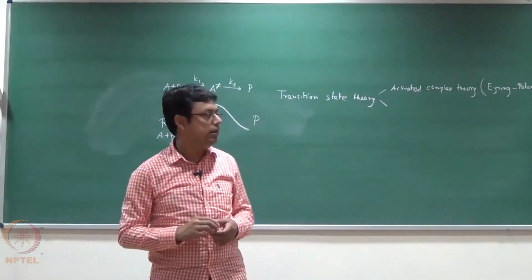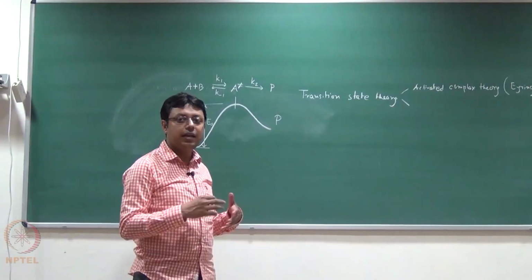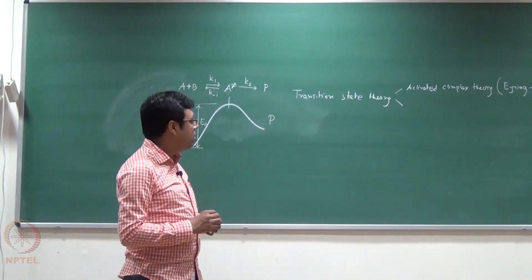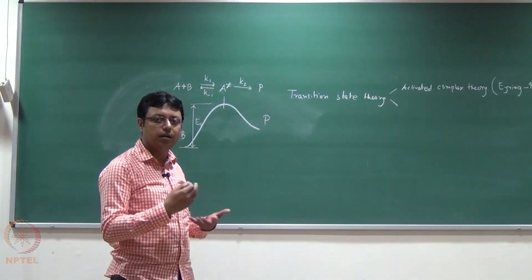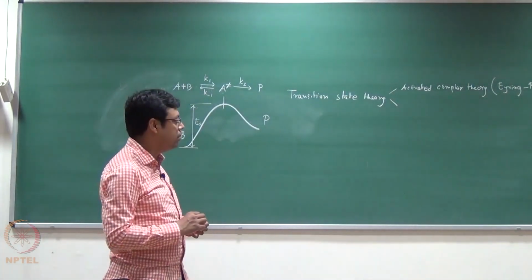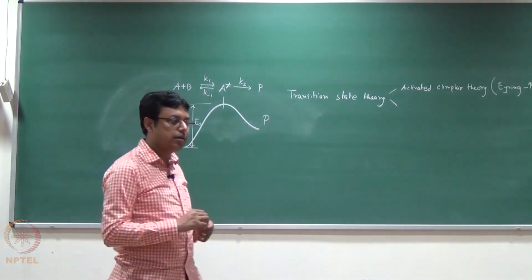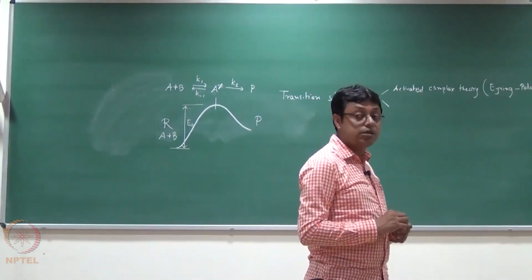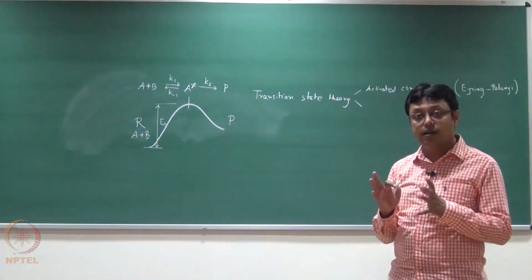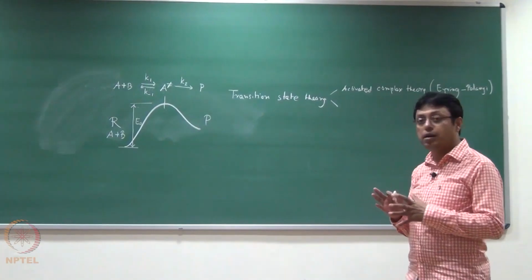But when Eyring and Polanyi were computing the rate constant using the partition functions, they used the quantum mechanical partition functions using the Schrodinger equation, and for translation they used the particle in a box model and so on. Now, this is a very subtle point.